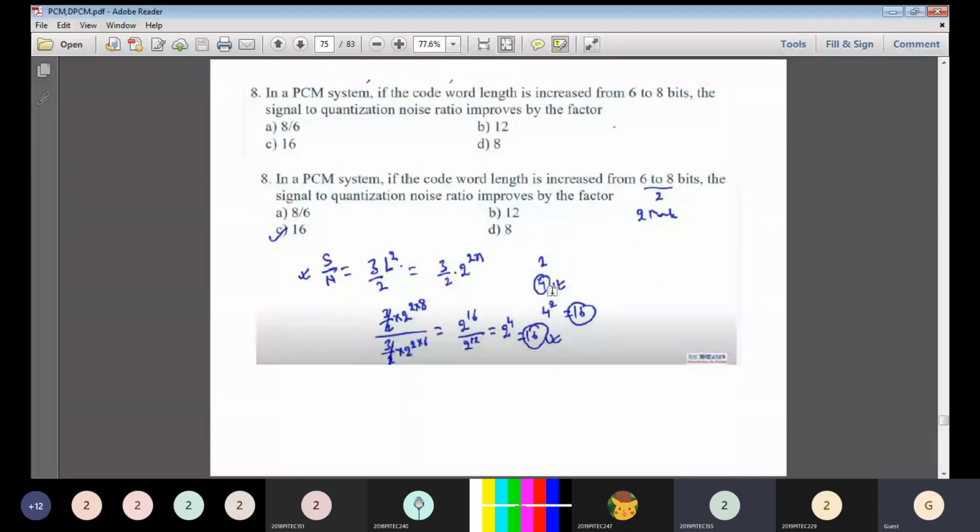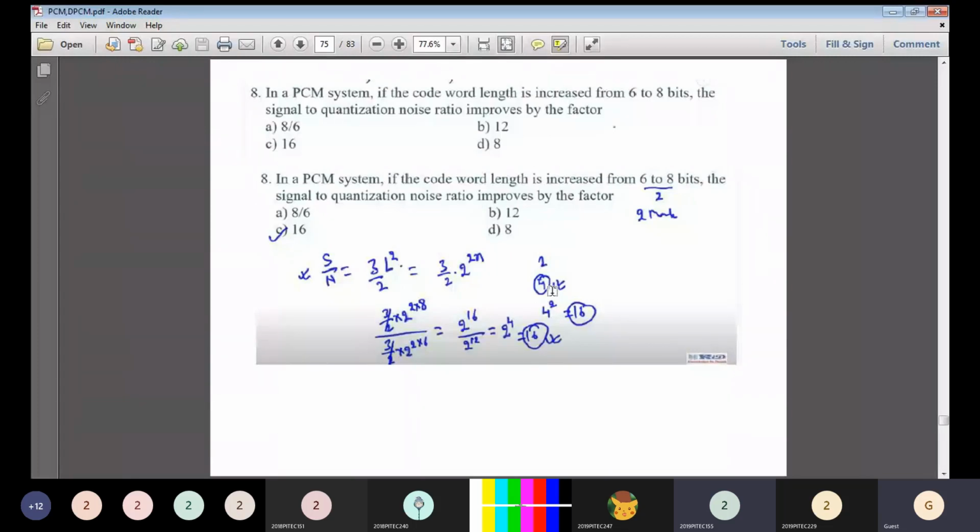Next question. In a PCM system, if the code word length is increased from 6 to 8 bits, the signal to quantization noise ratio improves by the factor 8 by 6, 12, 60, or 8. So what is the thing?